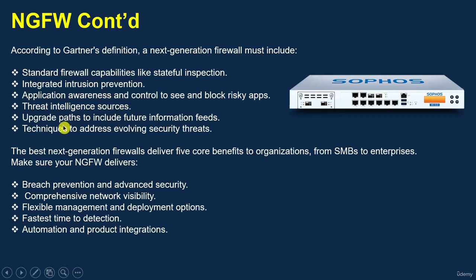The next one is an upgrade path to include future information feeds, so an upgrade path must also be there. And the next one is evolving security threats: most advanced persistent threats can be identified using NGFW. According to the Gartner definition, these features will be included in the NGFW.